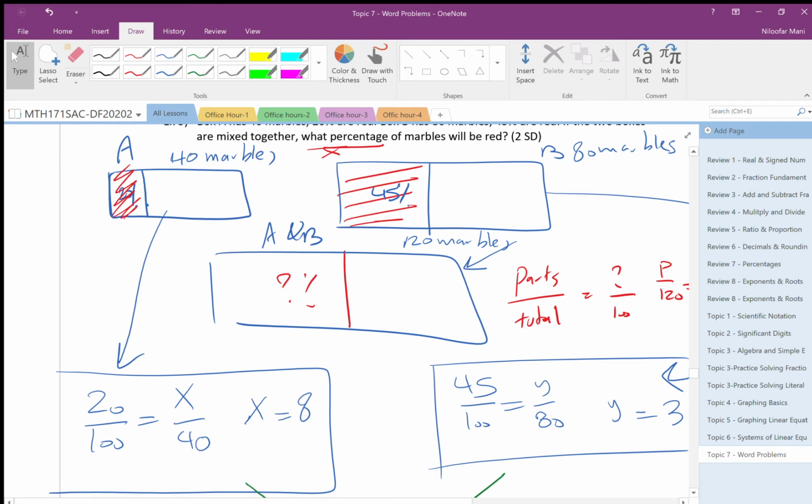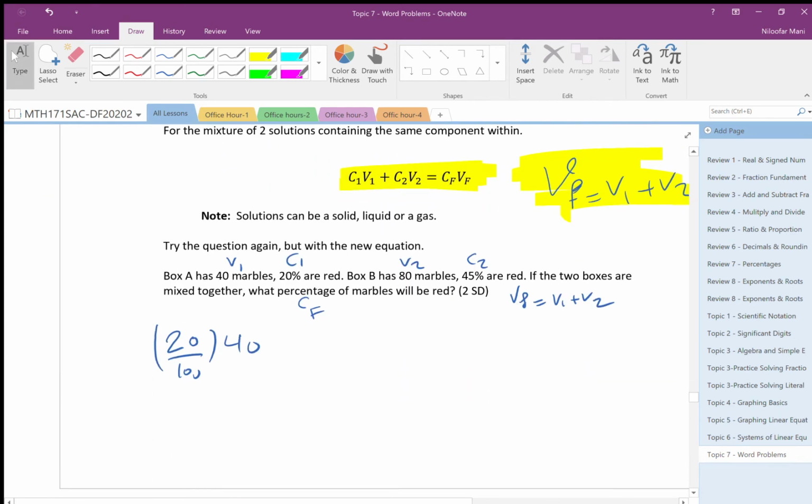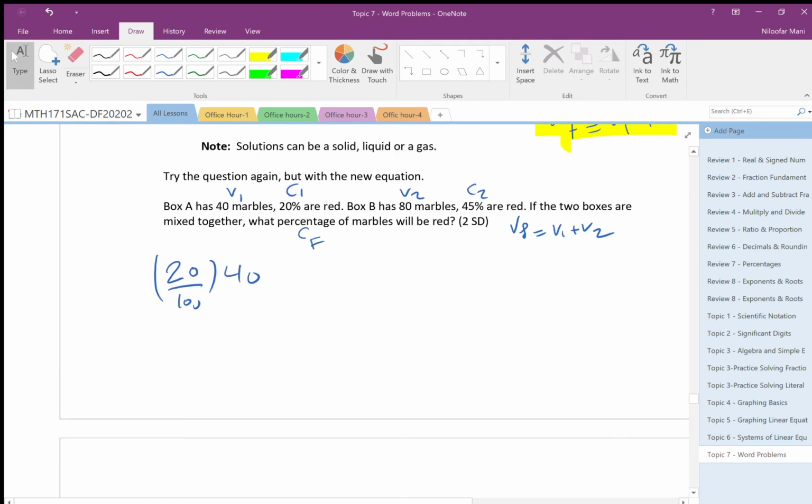Then for the final box, I'm looking for the percentage, so I need to know the total and find the part. So I have to add part 1 and part 2, which I find from box A and box B. So when I visualize, yes, I can do it. But right now I can do it much faster with this formula.